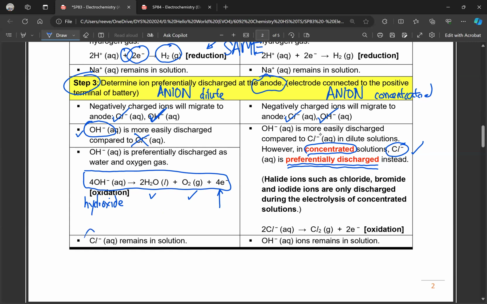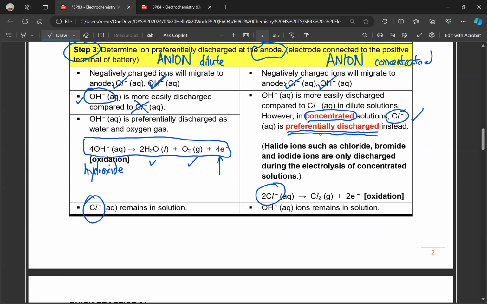Of course the Cl- will just keep swimming in the electrolyte. It will still flow around in the electrolyte, but it will not flow towards the anode. On the other hand, in the concentrated one, I have a lot of Cl-, so the Cl- will be the one that goes to the anode. When it goes to the anode, it must donate away the electron, because the anode is the electron production site.